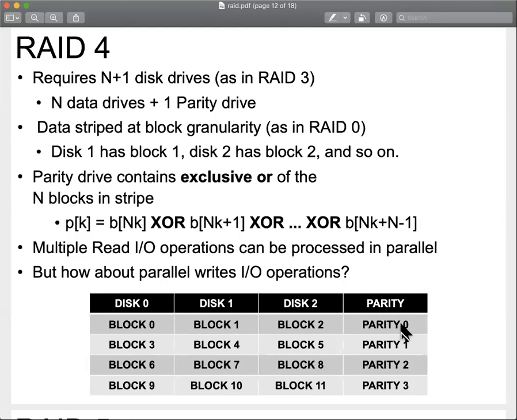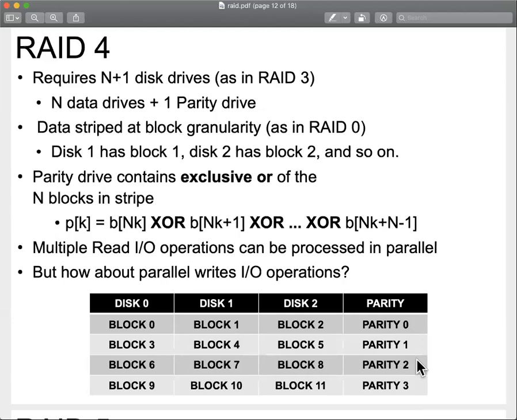For example, if I'm writing to block 0 and block 4 at the same time, parity 0 would have to be updated and parity 1 would have to be updated. Now, because the parity disk is a single disk, all the IO operations going to the parity disk are sequential, one behind the other, right? So you may have to write parity 0 first, then parity 1. So although it may look like block 0 and 4 are written in parallel, actually the parity information has been serialized, so effectively you're only doing one IO operation at a time.